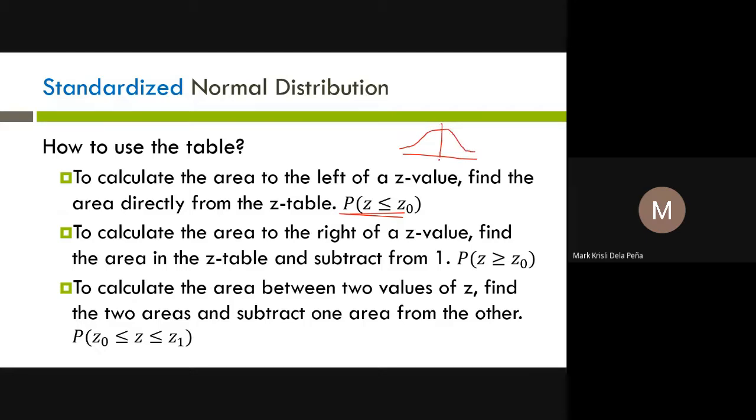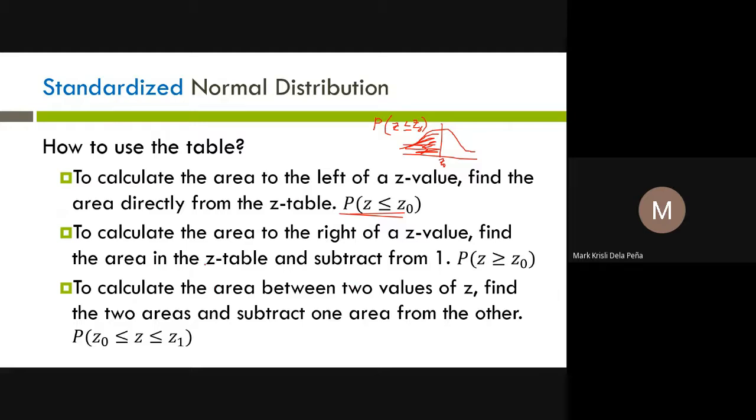If this is our z, which we denote z sub 0, then this shaded portion here is your P of z less than z sub 0. So to get its probability, you will just have to get what was stated in the table.